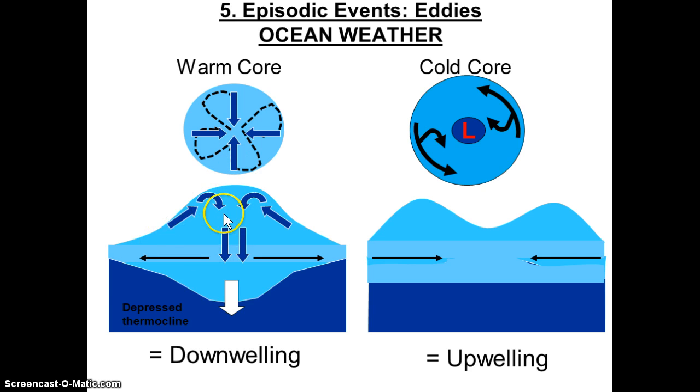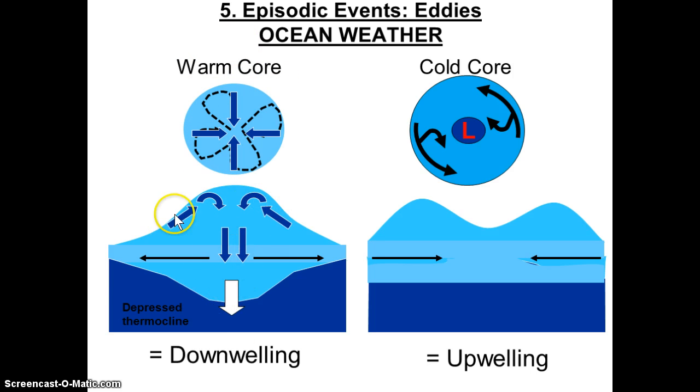And even though it's doing this, it's also pumping down, and its overall effect is to push the thermocline down. Okay, so if we have warm water from the surface continually pushing the thermocline down, it's pushing warm water down, then the whole center of this thing is essentially a warm core, right? It's all warm water from the surface.